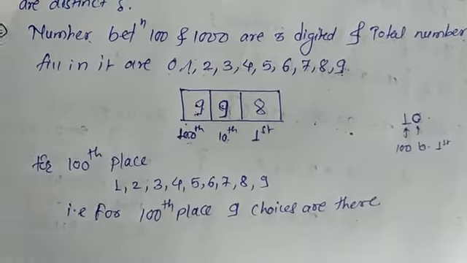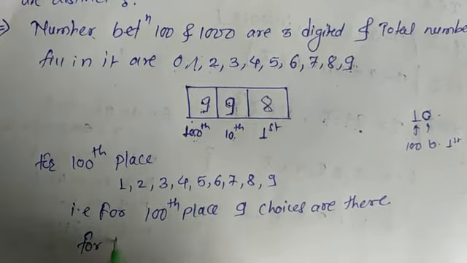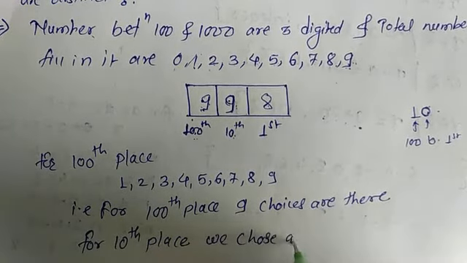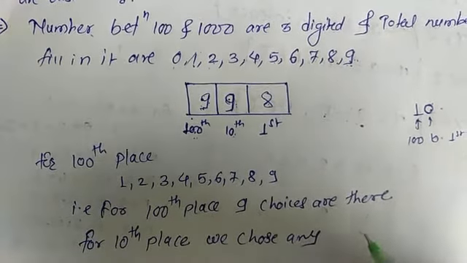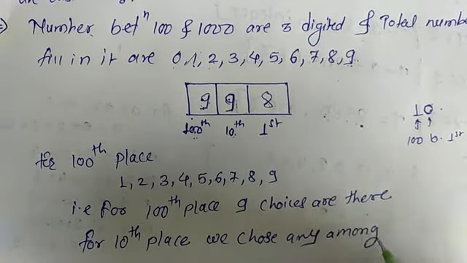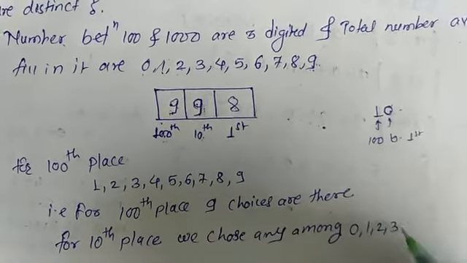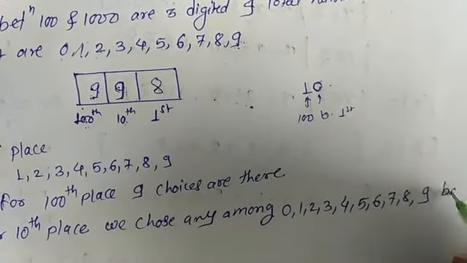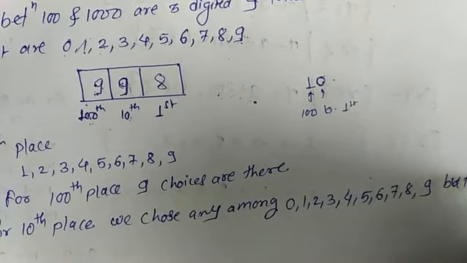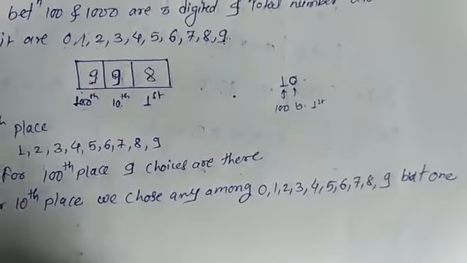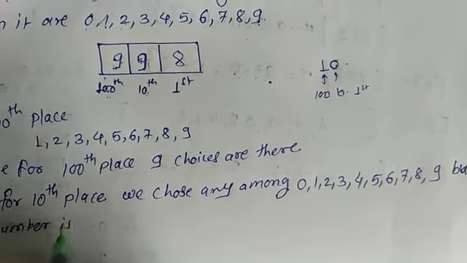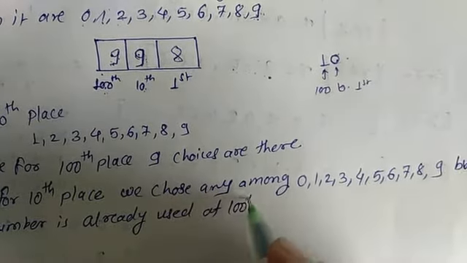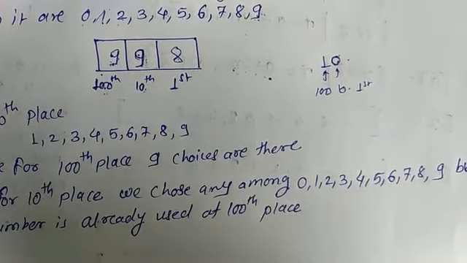Now for the 10th place, we can choose any among 0 to 9, but one number is already used at the 100 place.